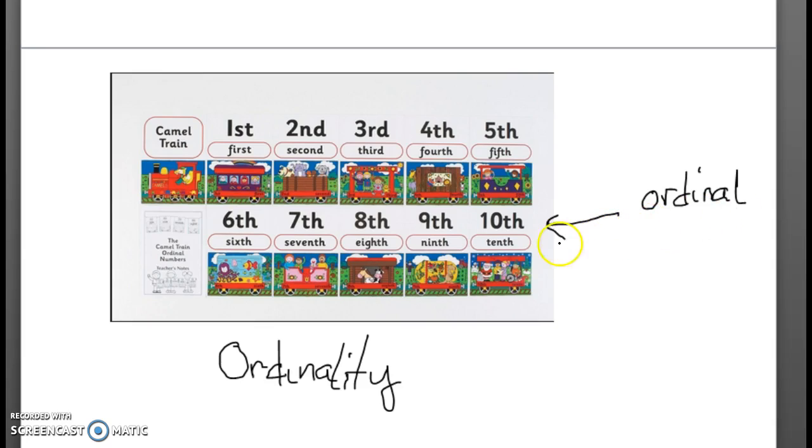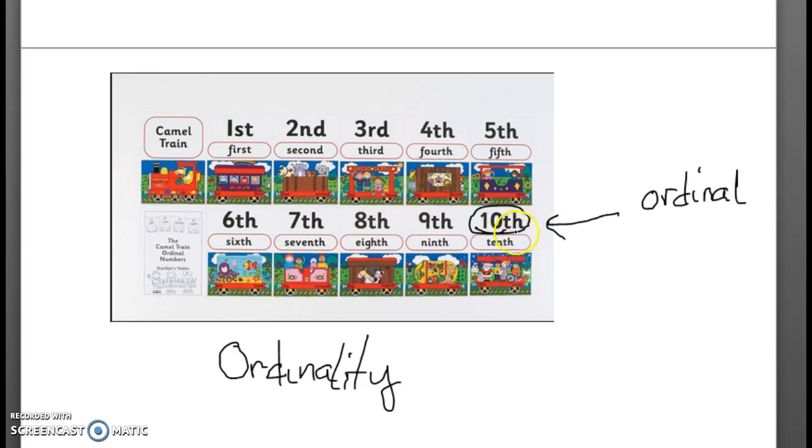And they certainly have quite a connection to cardinality, because if your ordinal number is 10, so if you are 10th, then if you wanted to count the number of trains in front of you, the number of people in front of you in line, whatever it is, then that would be one less than your ordinal number, that kind of thing. So the ordinal numbers is our third use of numbers.